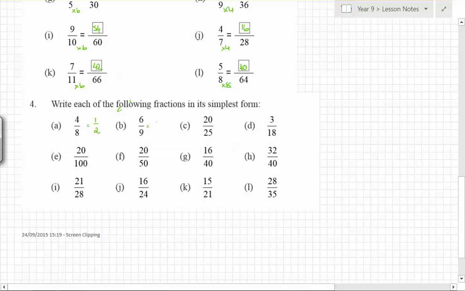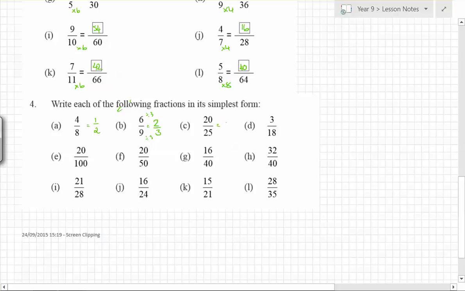Jonah? 3. No, can't be. Have to divide by 3 maybe. So it's 2/3. Sophie? 10.